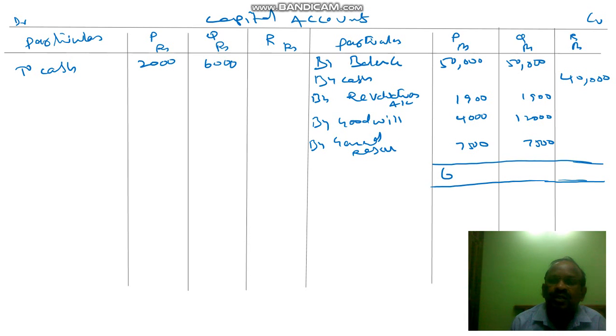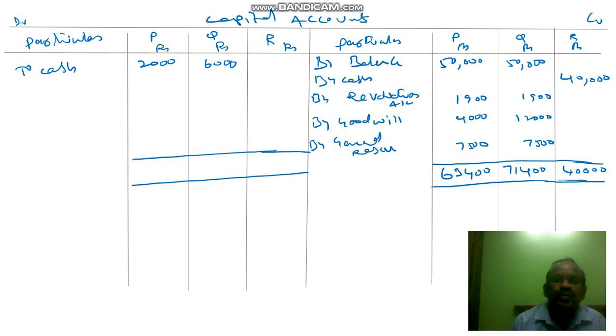So here 63,400, 71,400, next is 40,000. So 63,400, 71,400, 40,000.